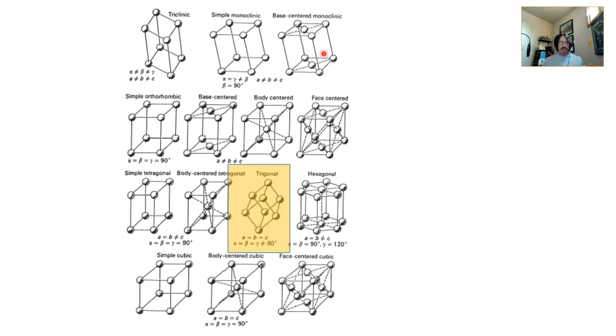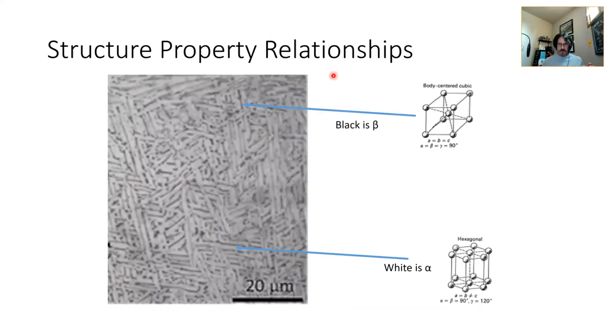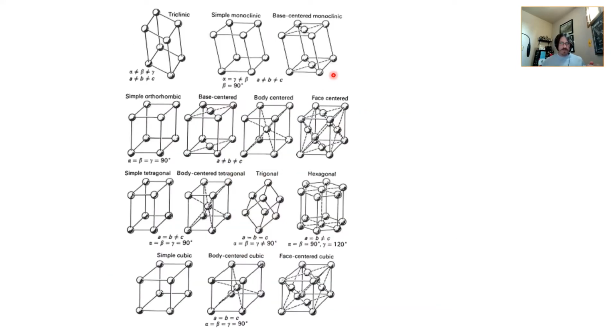There's triclinic, monoclinic, so you have simple, and base-centered monoclinic. So here's 1, 2, simple orthorhombic, base-centered, body-centered, face-centered. Sorry, base-centered, body-centered, face-centered, so that's orthorhombic. So we have 1, 2, 3, so triclinic, monoclinic, orthorhombic, that's 3.